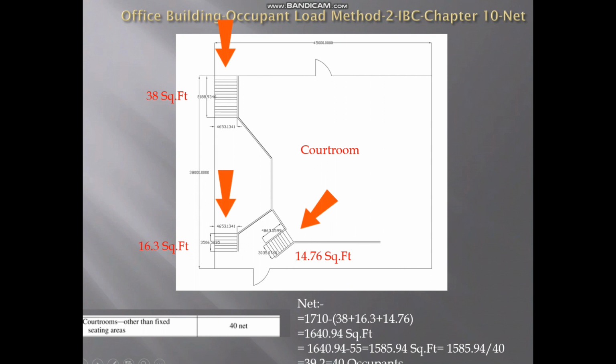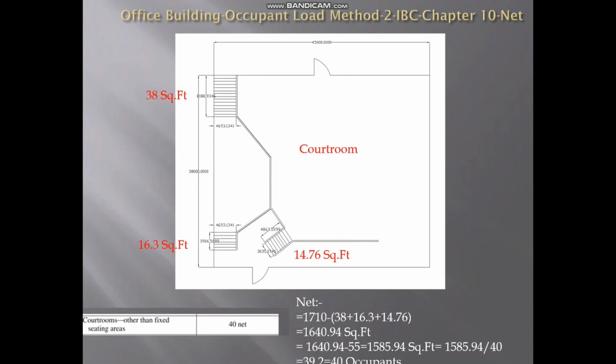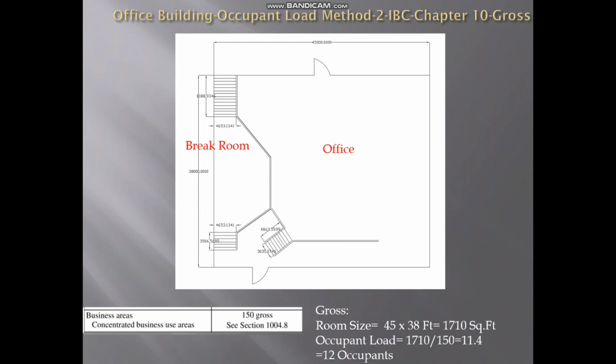The whole building serves as a courtroom, and there are 2 exits. Here the total gross area, 45 into 38, is the same 1710 square feet. Let me open the earlier one; it is also 1710.